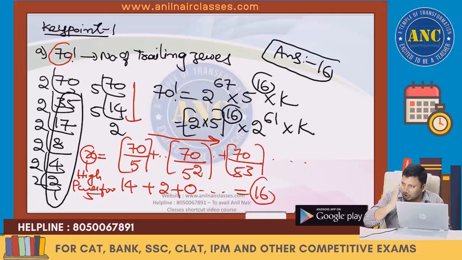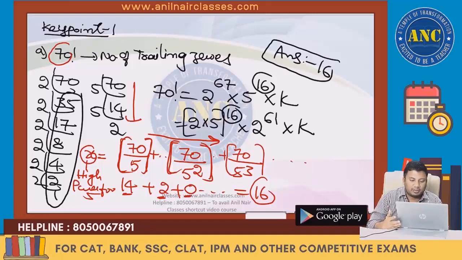Once you get 0, all the numbers after that will be 0. What is this bracket? The bracket means I am eliminating the remainder. 70 by 5 is 14 with remainder 0, I will just write the integer. 70 by 25 is 2 point something, so it is 2. 70 by 125 is 0 point something, so it is 0. 14 plus 2 is 16.